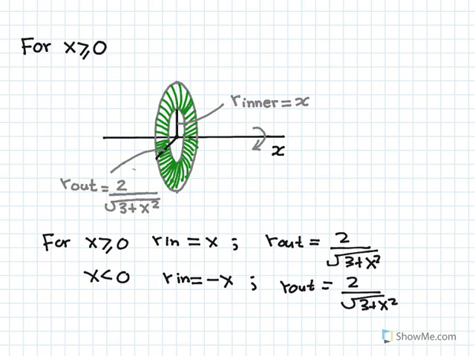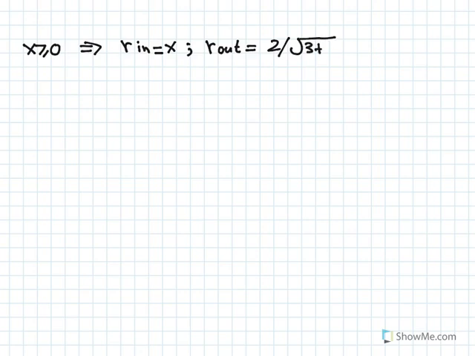All right. So let's summarize everything. For x larger than 0, the inner radius is equal to x. The outer radius is equal to 2 divided by root of 3 plus x squared.